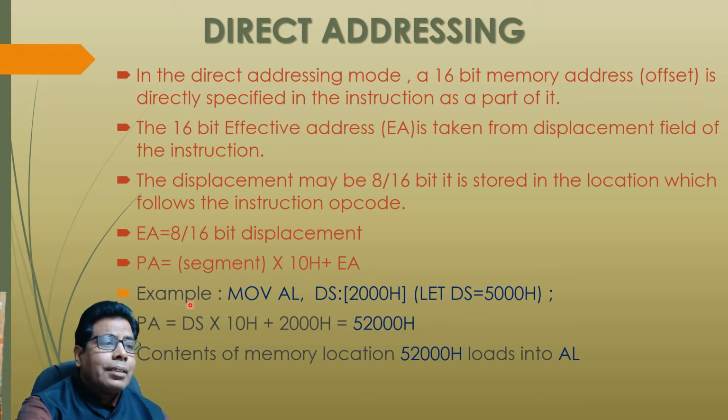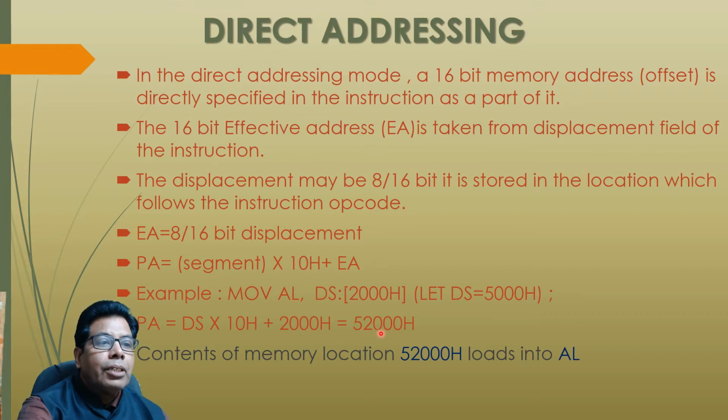Then here let us take an example. Move AL, DS colon 2000H. So here DS is the segment and 2000H, that is the offset. So we have taken the value for DS as 5000H. So physical address will be DS into 10H plus 2000.